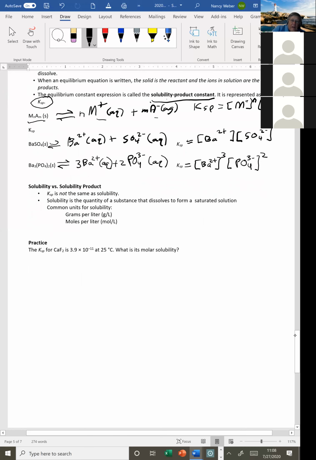Now remember, KSP is not the same thing as solubility. The term solubility refers to the amount of a substance that dissolves to form a saturated solution. Usually the units are grams per liter or moles per liter.